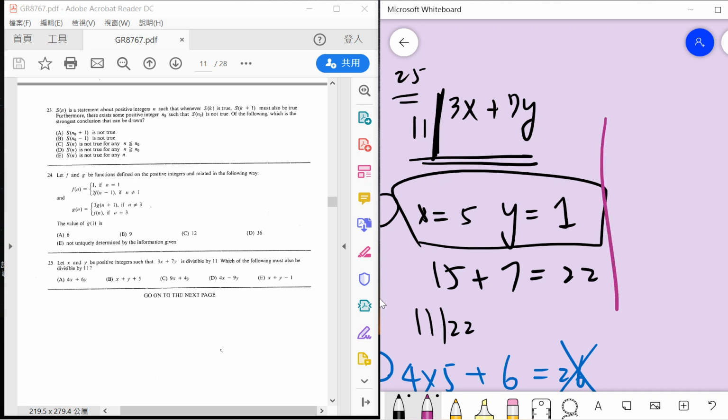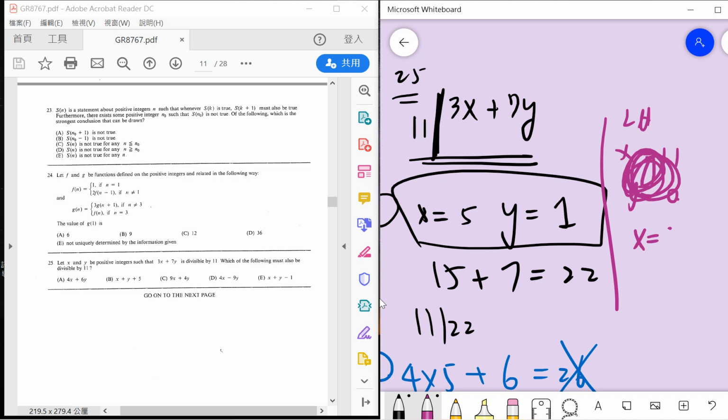Okay, so how about I let x be 11, y be 0? But y needs to be positive, so this is not okay. So maybe I should suppose y equals 2.